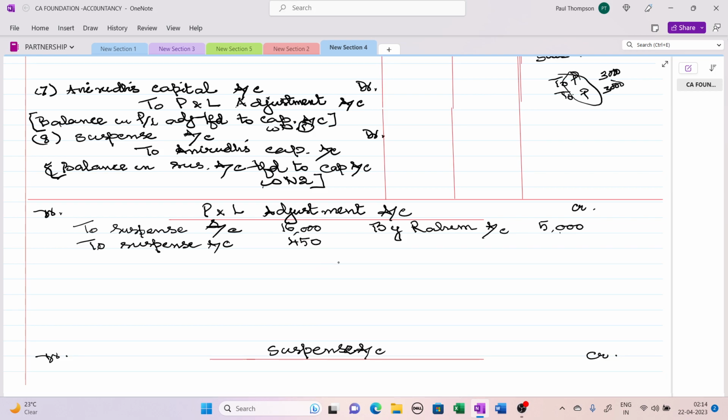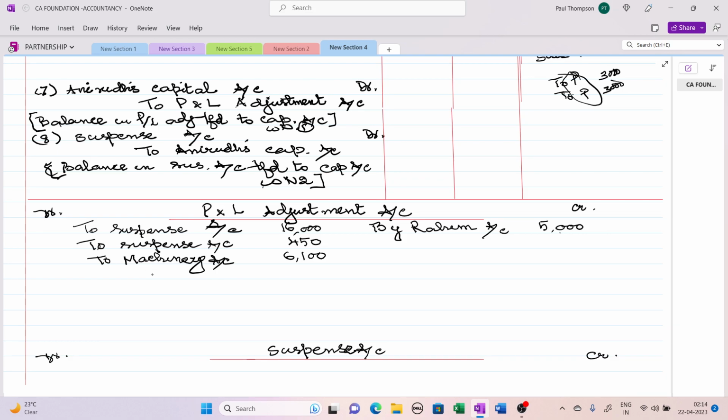Next one is PL adjustment is debited. This is a repair to machinery. Instead of going to repair account, it was debited in machinery account, now rectified. So PL adjustment got debited with 6,100. Okay. So now one more entry is left out.